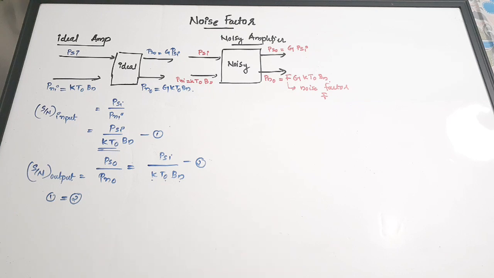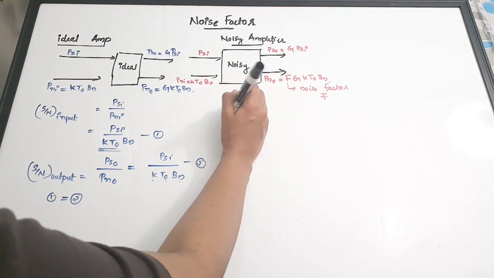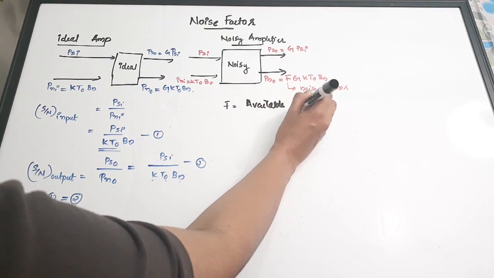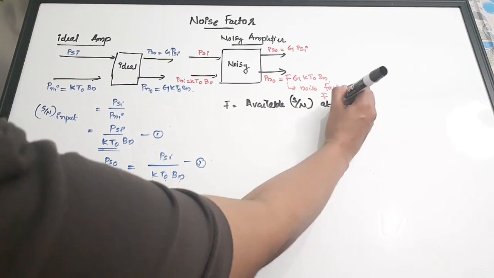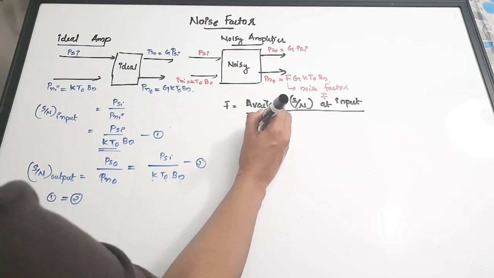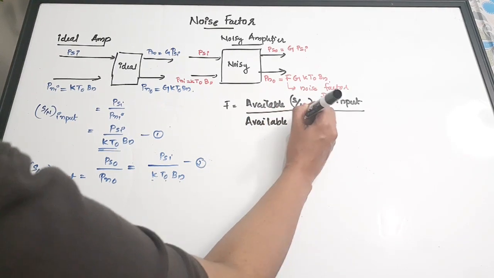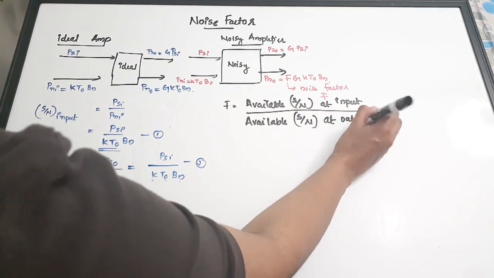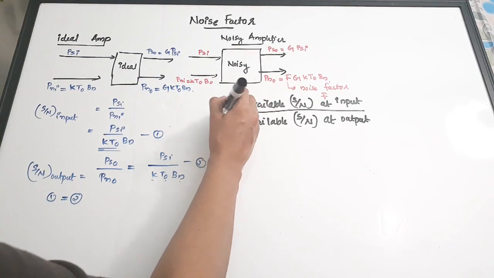Now the noise factor is defined as F equal to the available signal to noise ratio at input to the available S by N at output, okay. So this is the ratio called noise factor.